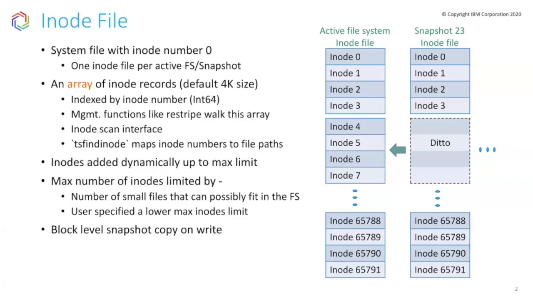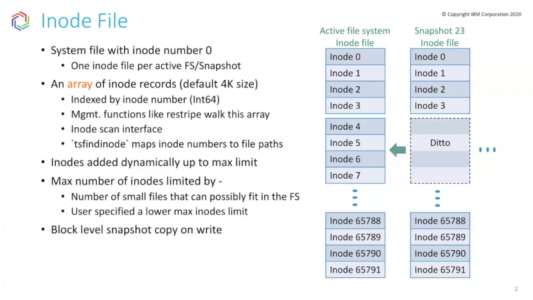And this inode file, there is one for the active file system to track all the inodes in that active file system, and then you have one each for the various snapshots that you may have in the file system. One thing about the way snapshots work is that whenever you try to modify a block, be it a data block or a metadata block, the old version of the block is preserved in the snapshot before the block is modified.